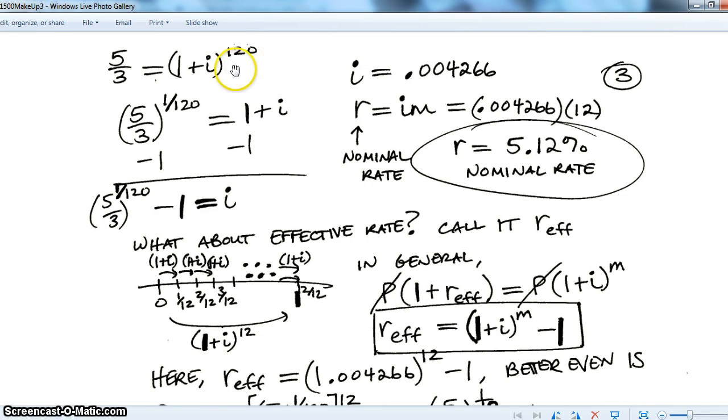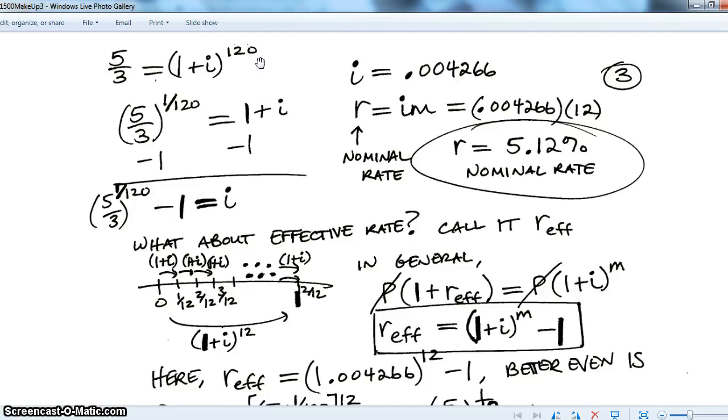Now, this is a little bit trickier to solve than the ones that we've been doing so far, because we've got this exponent 120. To get rid of the exponent 120, we need to raise both sides to the 1/120th power. If you remember about fractional exponents, to get rid of the 120th power you take the 120th root, just like you take the square root to get rid of a square, or the cube root to get rid of a cube.